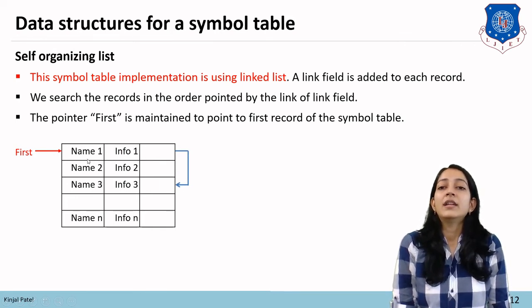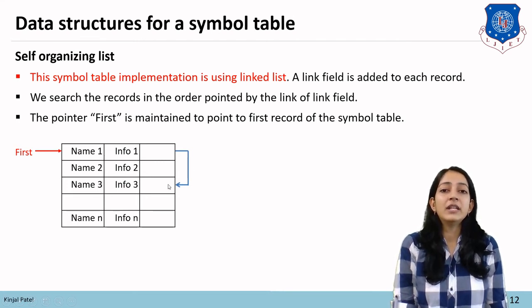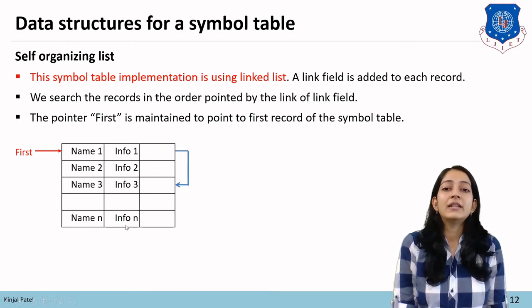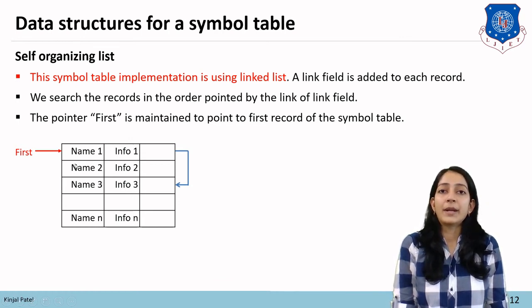The variables which are used mostly in the program will be linked after name 1. If a particular variable is used multiple times, it will be linked at the top, so we can find it easily whenever that variable comes. So here we are linking these variables according to the timing in which each variable comes in the program.